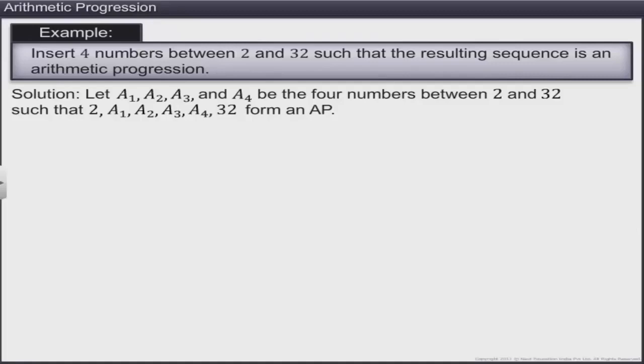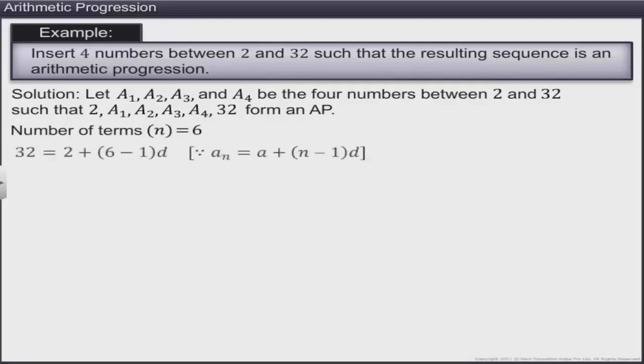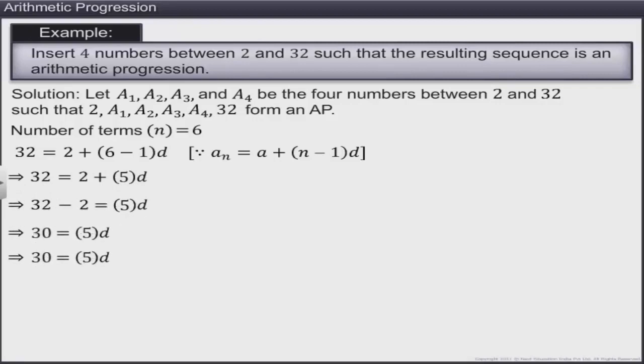There are 6 terms in this sequence. Using the formula for the nth term, the 6th term, 32, is equal to 2 plus (6 minus 1) into d. On simplifying, we get d is equal to 6.